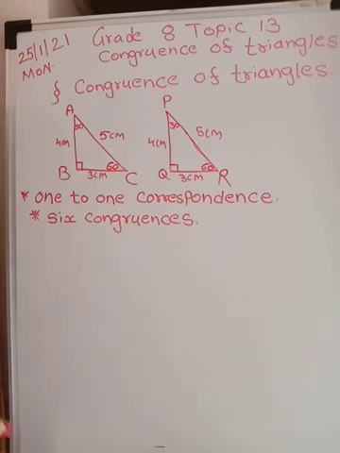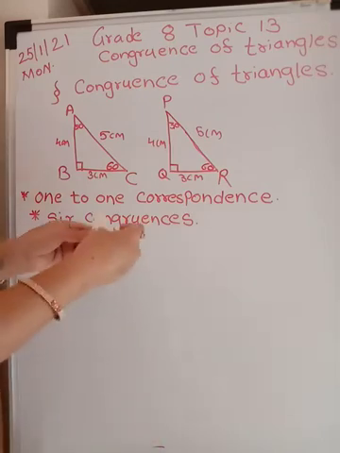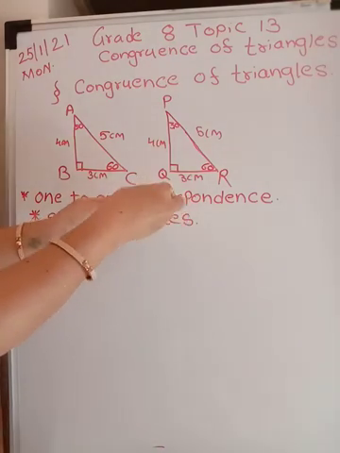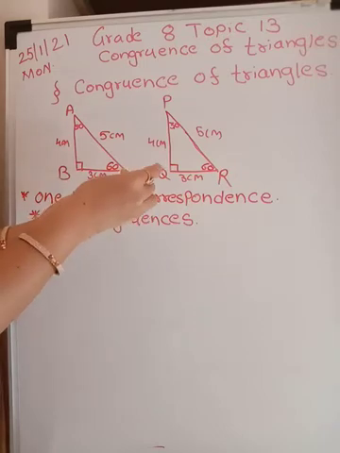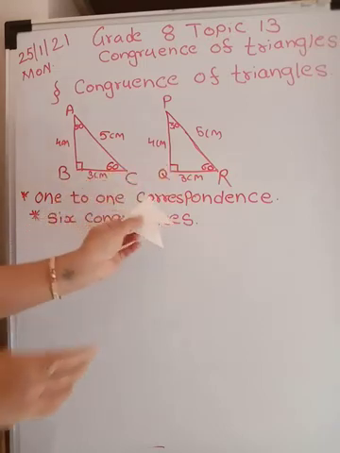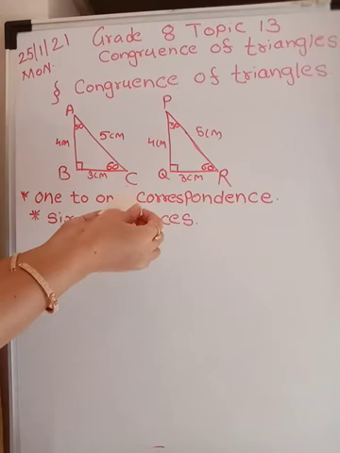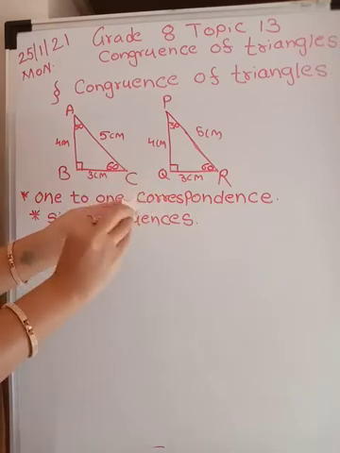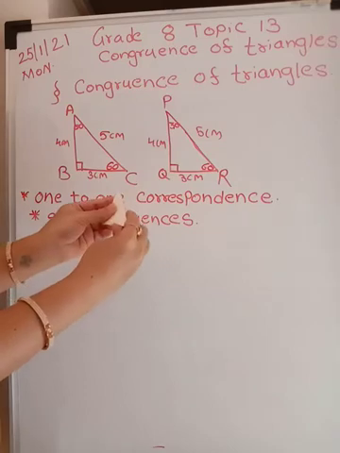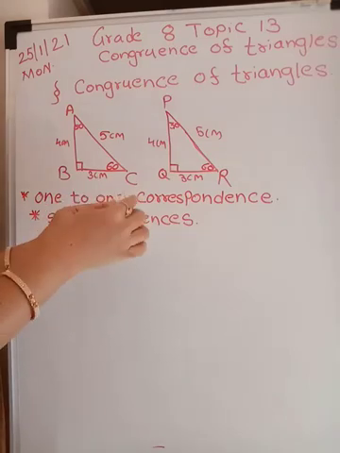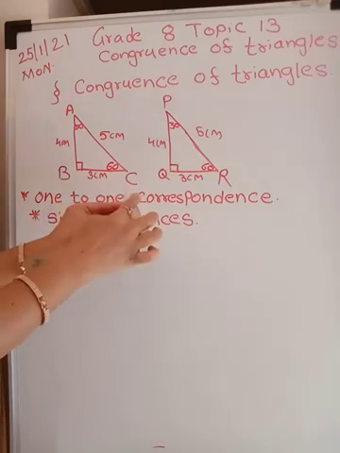Now, one more thing I would like to say. See students, if I have these two triangles, but if I am putting like this, they are not coinciding. Or if I put like this, then also they are not coinciding. That means if I put this triangle in this form, this angle should match with this one.